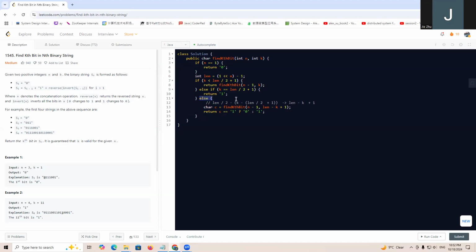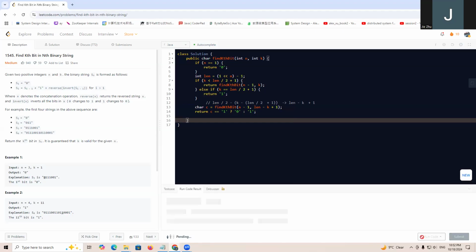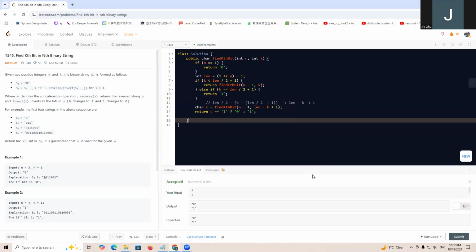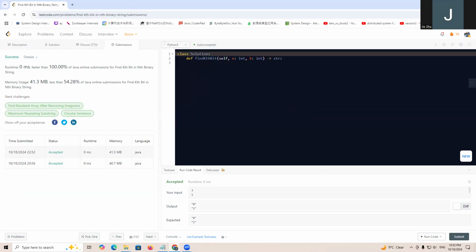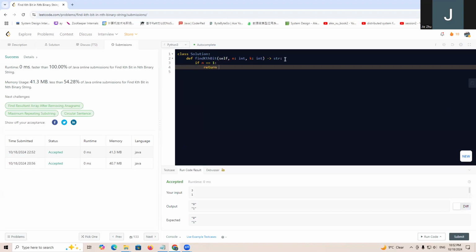Here, we can also skip the else. Okay, we can convert this to Python code. If n equals 1, we just return the char 0.